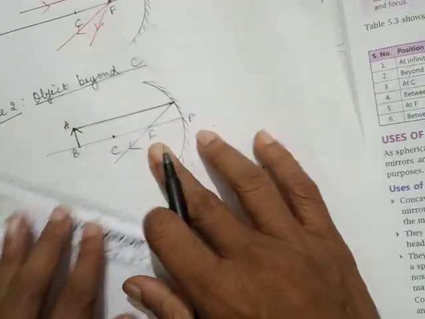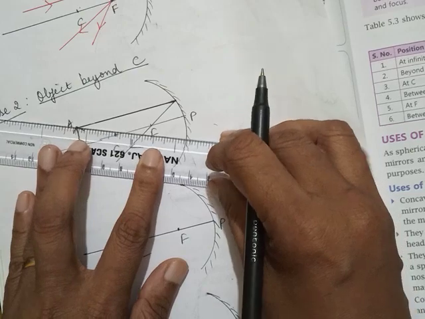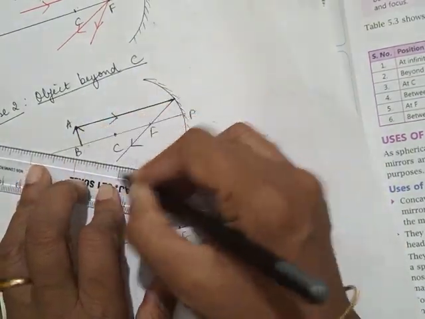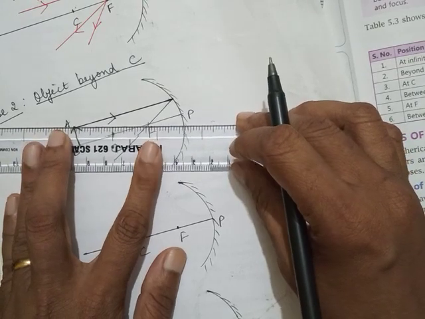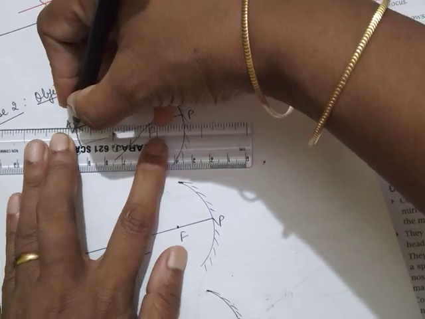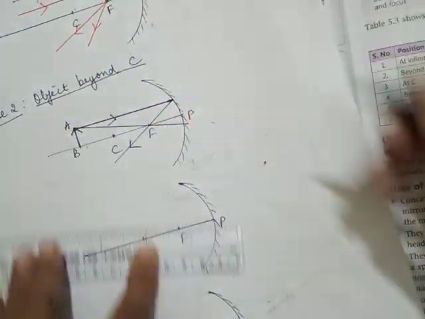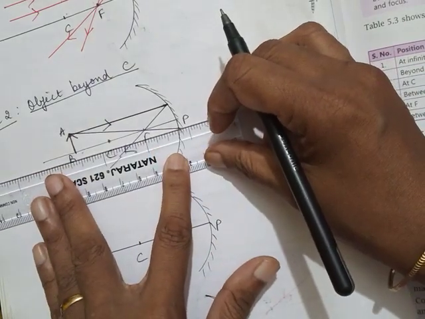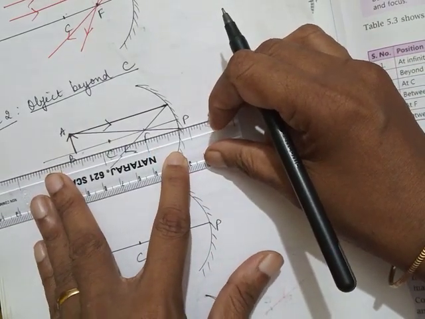Then I take another ray from the same point. This was the incident ray, and this is after reflection. Now another ray from the same point, you take passing through principal focus. It hits here and from there it will be reflected.